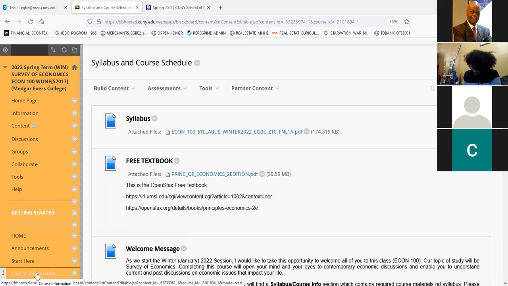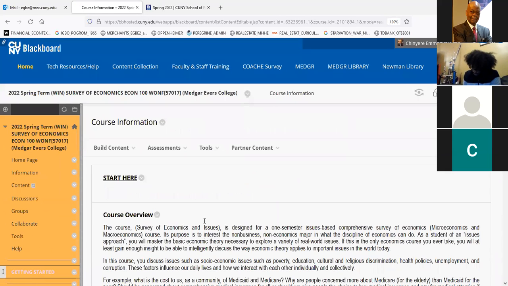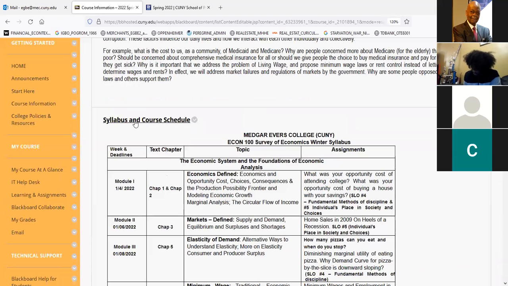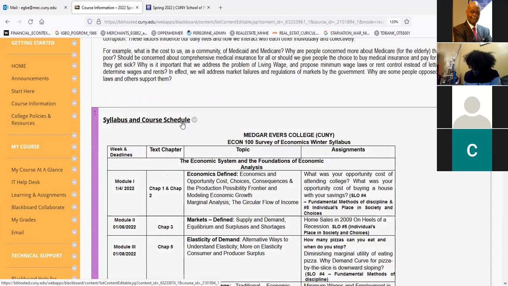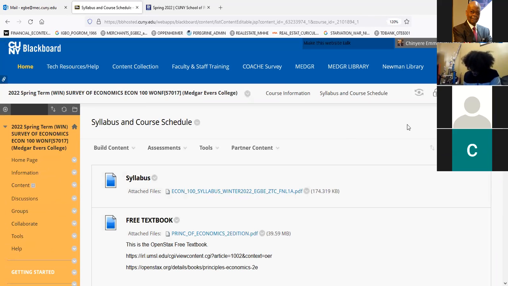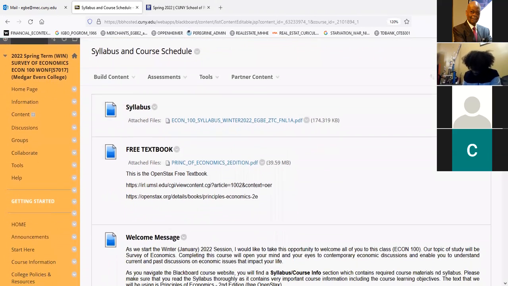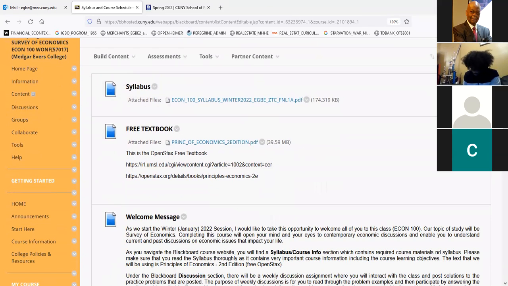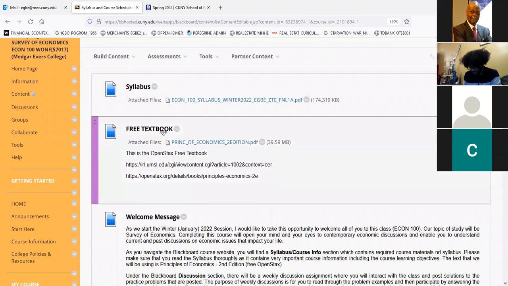If you go under course information and click on it, you see where it says syllabus and course schedule. You click on it, and after this class I'm going to pull that out so that it's obvious. You see where you see free textbook? You get it?